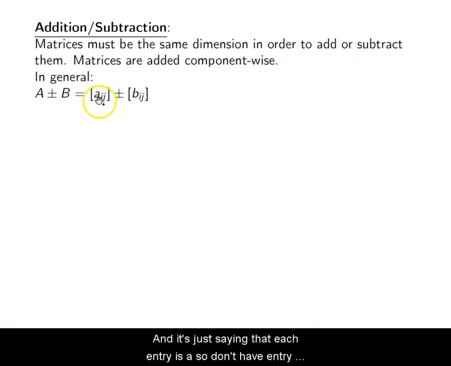And it's just saying that each entry is A. So it'll have entries A11, A12, A13, A21, A22, etc. So this just means a matrix, okay? And it tells me what all the things inside of my matrix are. So it's just another notation for a matrix, just like A is the name of a matrix.